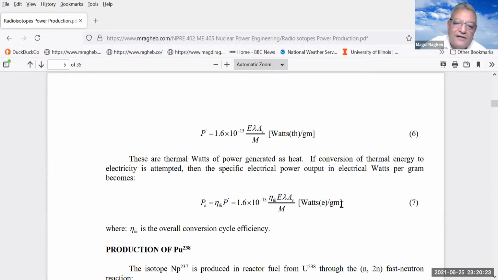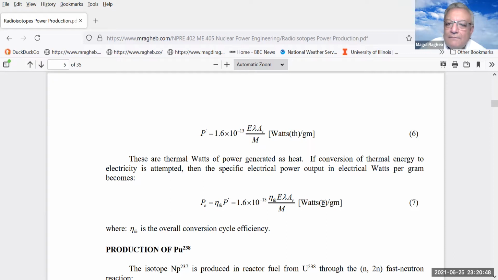And notice obviously that watts thermal and watts E are very different quantities. And as engineers, when we talk about power, we have to specify what is the form of power we are using. And in our tests, I'll watch how you are going to be careful in differentiating between the different forms of power.